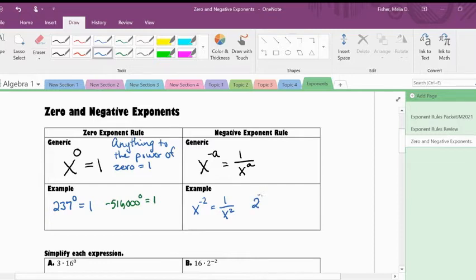Two to the negative 3 would equal 1 over 2 to the positive 3. If we simplified that, it would be 1 over 2 times 2 times 2, which is 1 over 8.